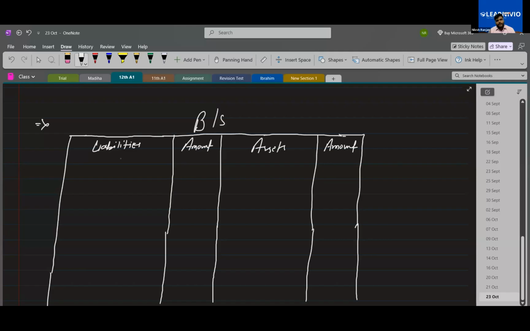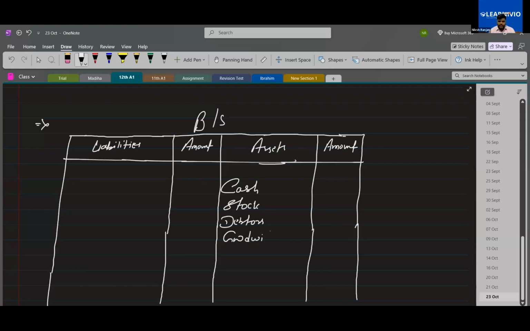Now, on the asset side, there will be cash, then stock, debtors, there can be goodwill, machinery, furniture.